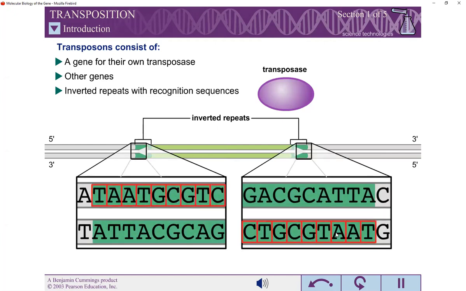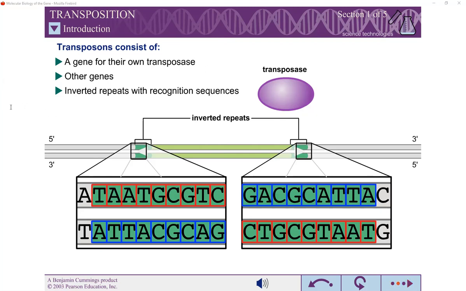These inverted repeats range from about 25 to a few hundred base pairs and carry the recognition sequences for transposase binding. Now, the hallmark for the presence of transposons is the short direct repeats which are present towards the end of the transposons. Okay, so that is very, very important.